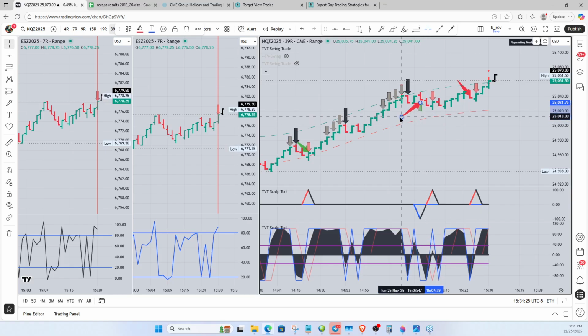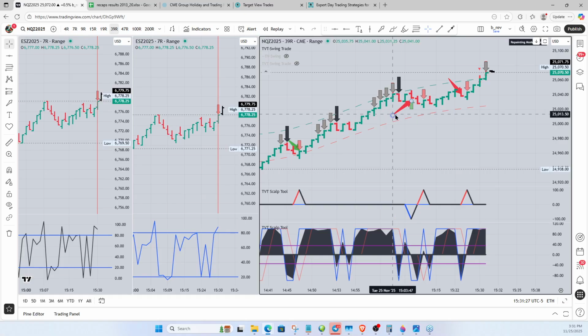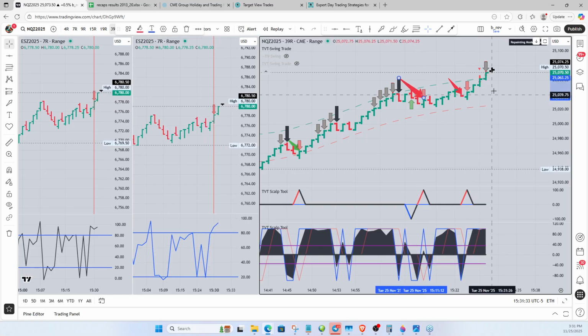I don't think I stopped out on this earlier. So they're both short trades that I stopped out on. It's about to give a swing trade short here. That's what the gray arrow means. The gray arrow means if we get a down close on this bar, it's going to give a swing trade short.